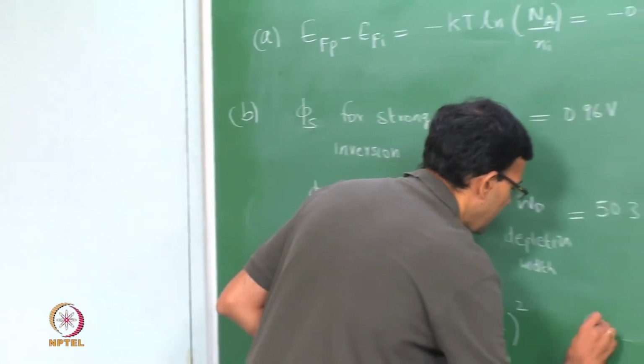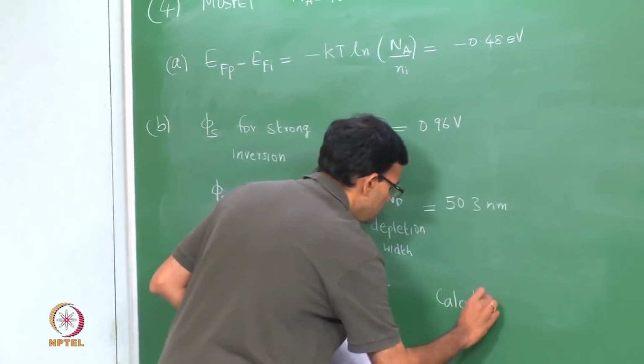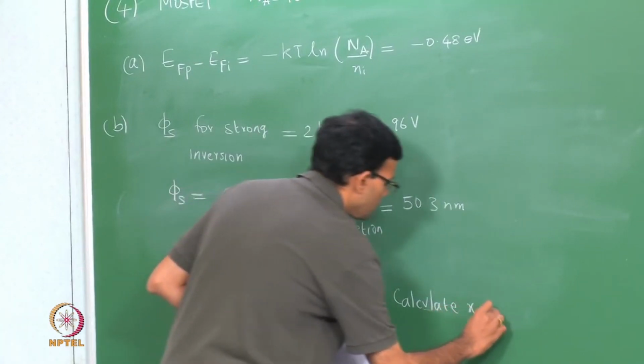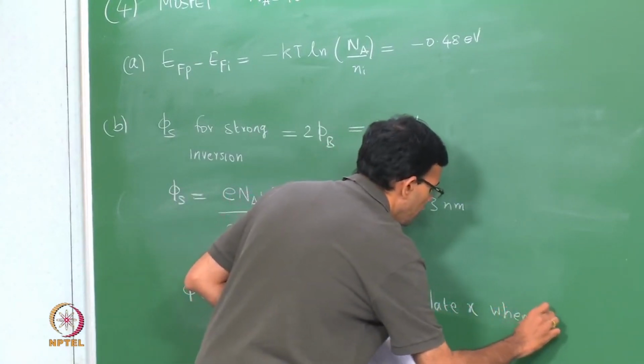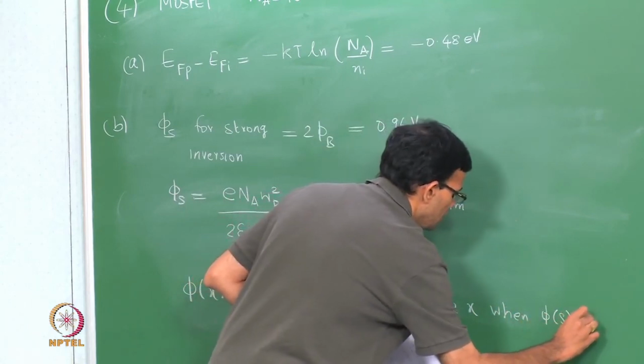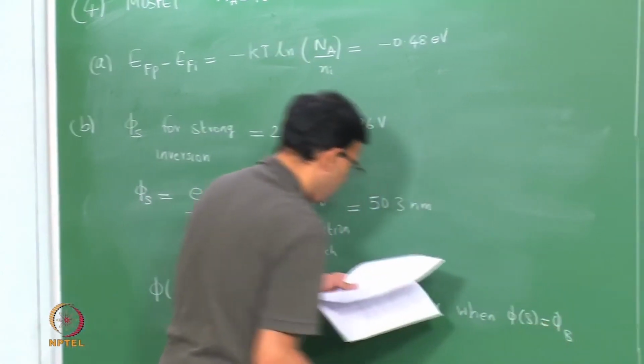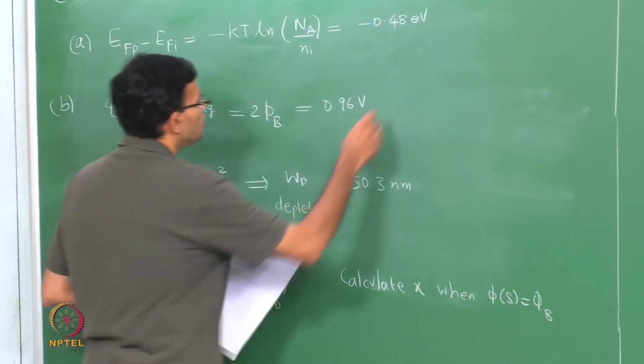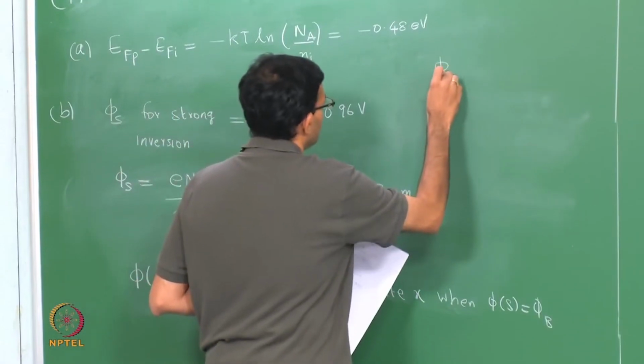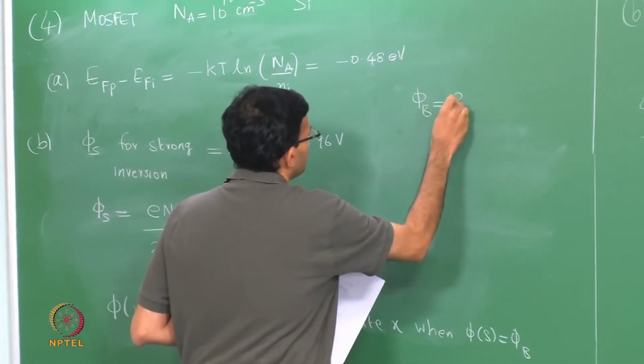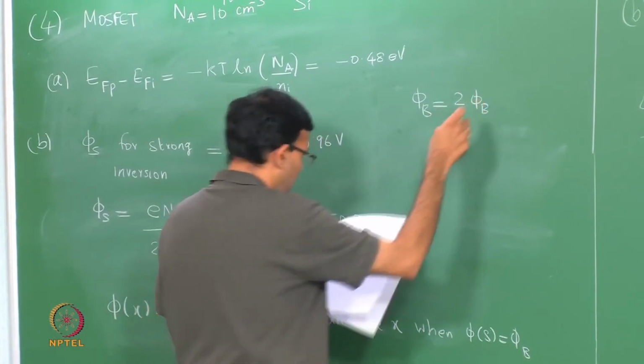So, we basically calculate x when psi of x is equal to phi b. So, we can use the expression, the surface potential is 2 times phi b.